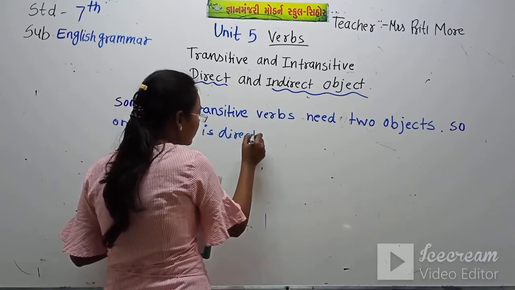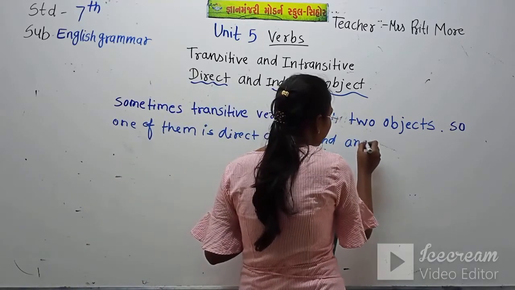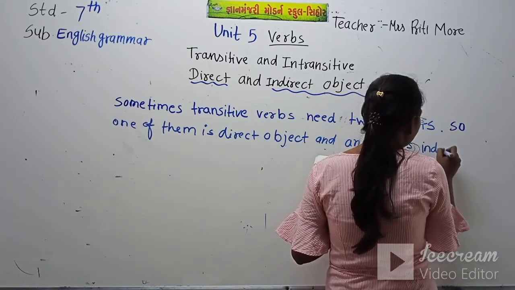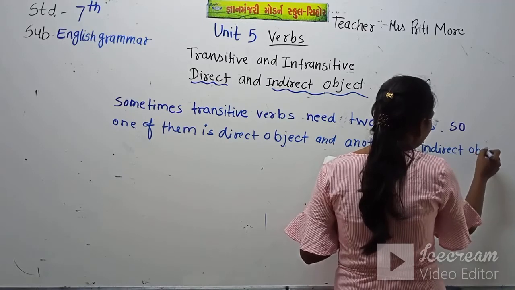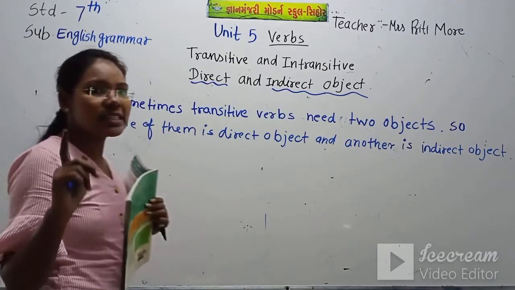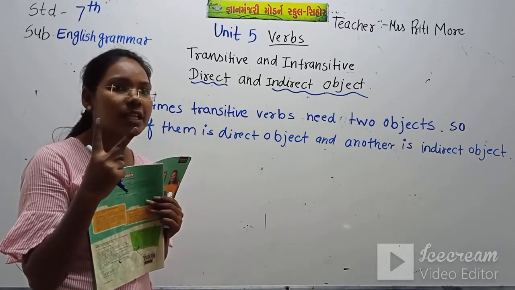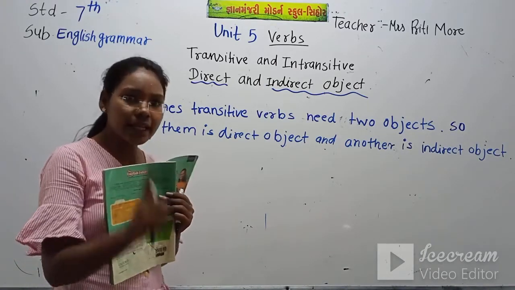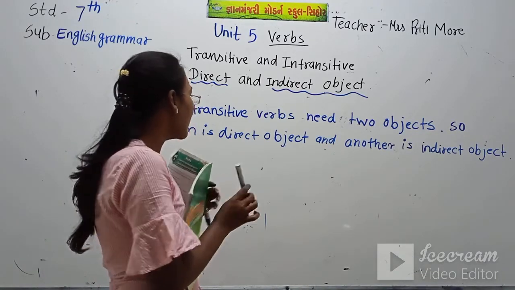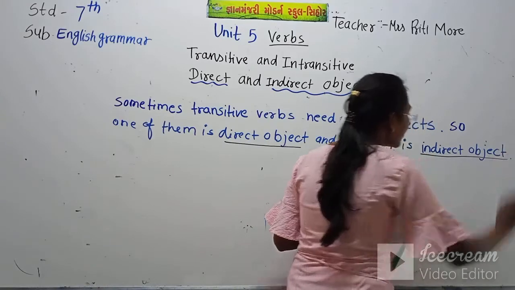Sometimes it needs two objects, and of these two, one is the direct object and the second is the indirect object.